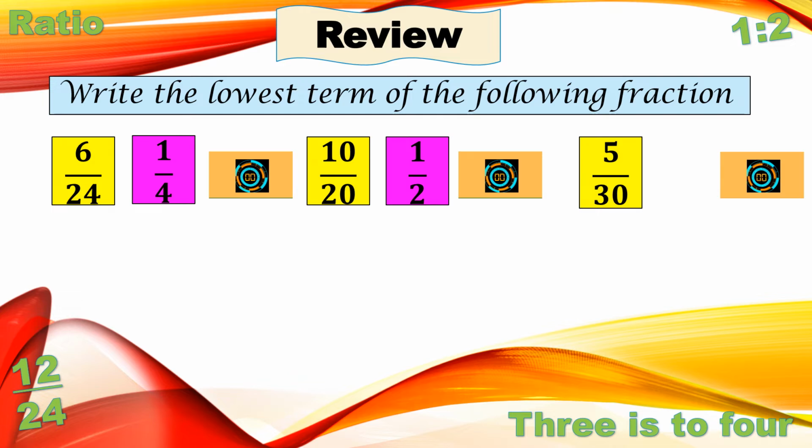Okay, so show me your answer. Let me see. So the answer is 1/6. So what is the GCF of 5 and 30? Okay, so 5. Next, 9/33.